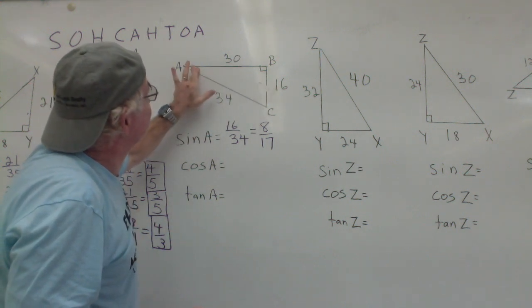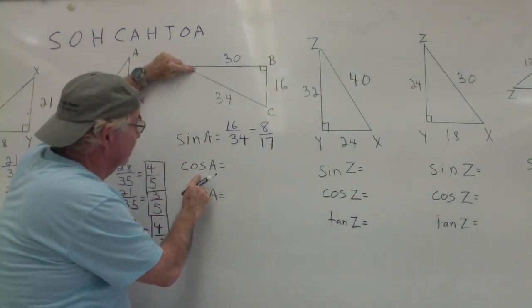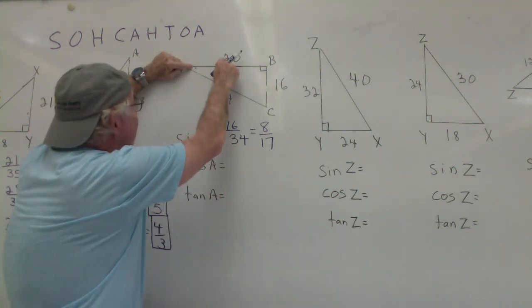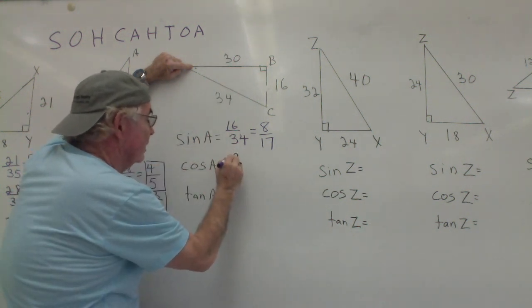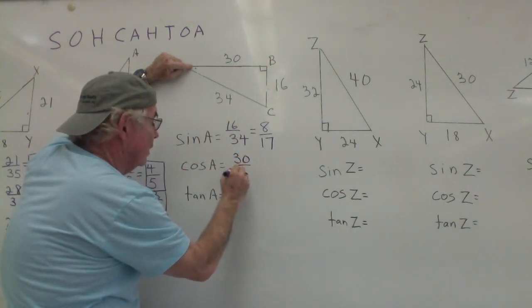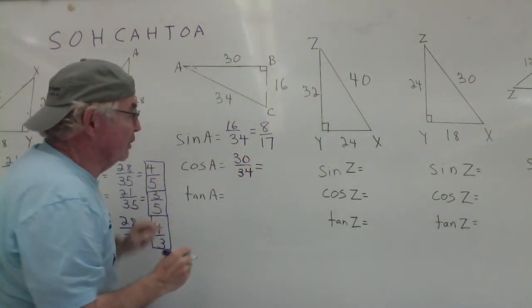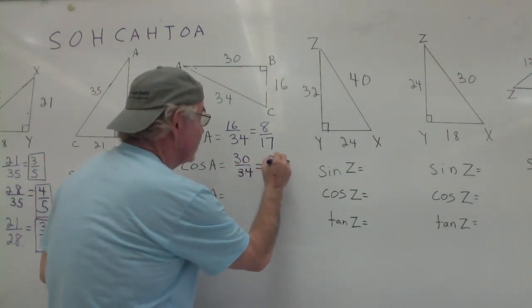The cosine is the adjacent side. Well, what side's touching A? It's this one. So it's 30 over 34, which reduces by 2s to 15 over 17.